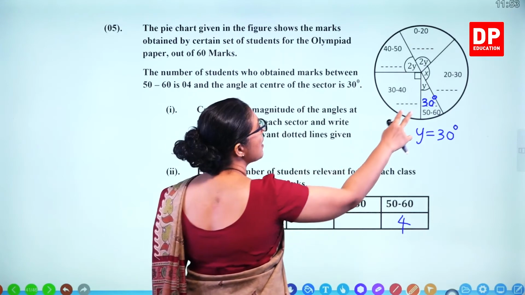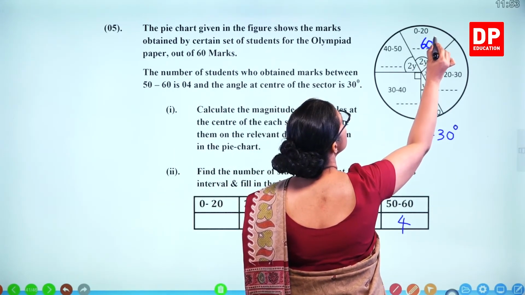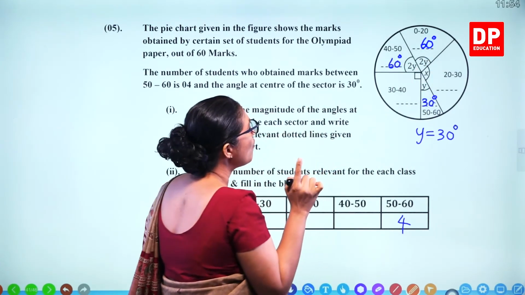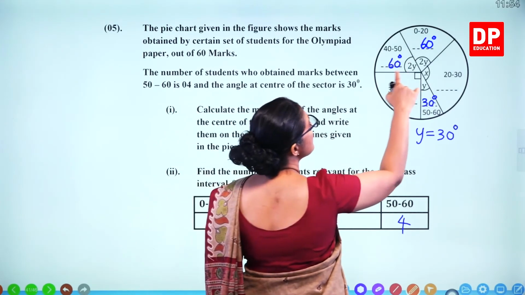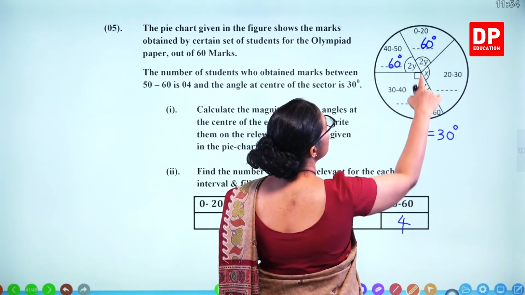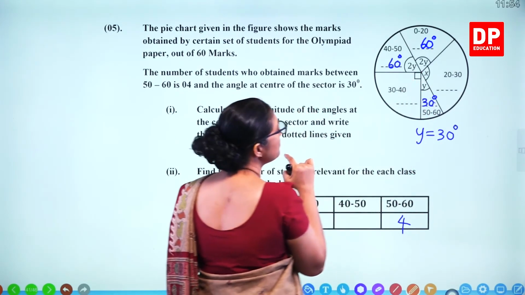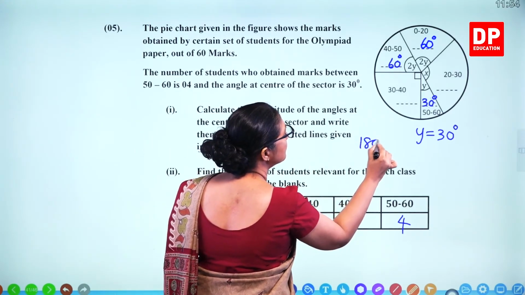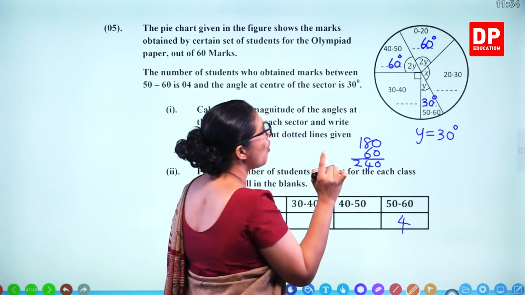And then y is 30 means 2y, that's 60 degrees. This is 60 degrees. That's 2y. Now we have to find x angle. What is x? 60, 60, 30. So 90 and another 90, 180, 180 plus 60, 240.